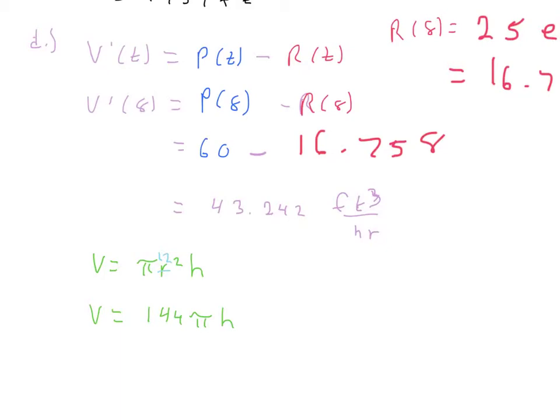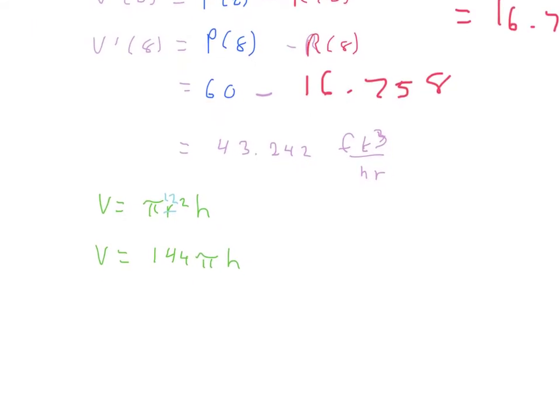Now to find the change in height with respect to time, let's take the derivative of both sides. The derivative of the left side, dV dt, is equal to the derivative of the right side, 144 pi dh dt.